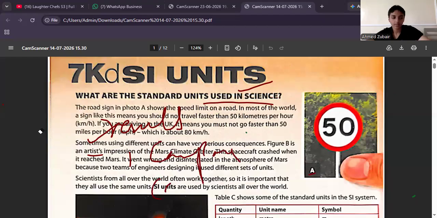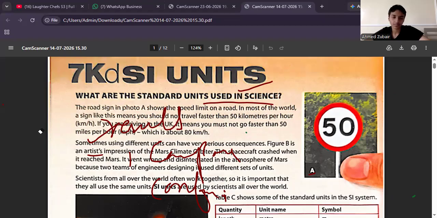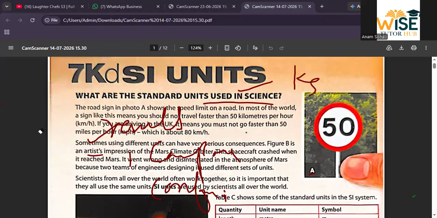In order to avoid confusion, to make international communication easier, and to use these units in science, engineering, and different fields, in medicines, when they have to prepare a formula for the medicine, one is measuring the drug in kilograms, one is measuring it in milligrams. So obviously the dose may differ.